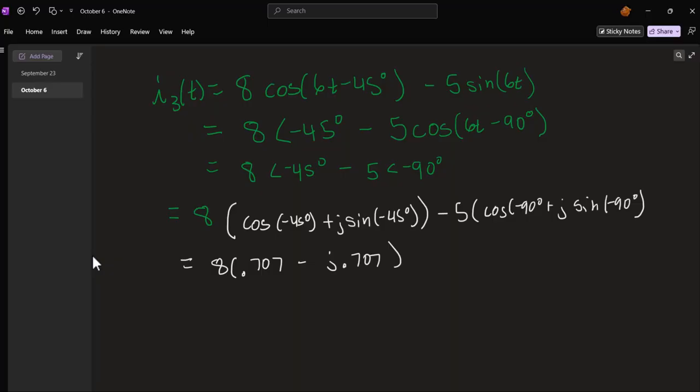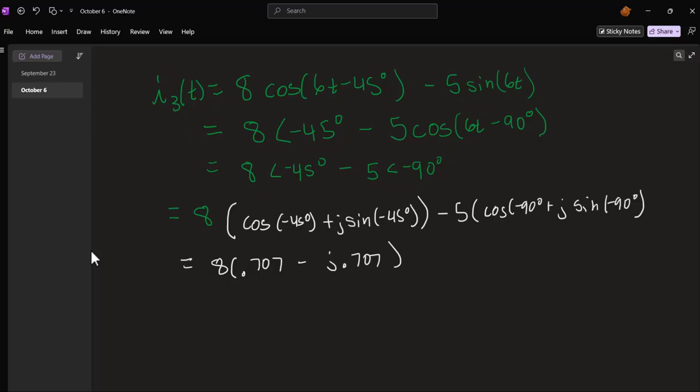So this is 5.657 minus j 5.657 plus 5j, which is 5.657 minus j 0.657.